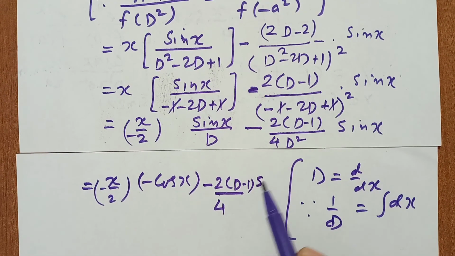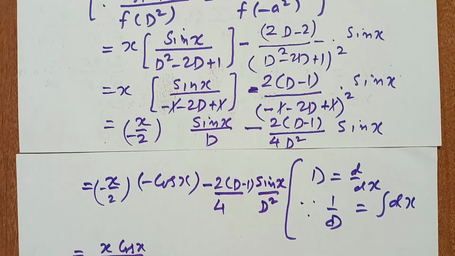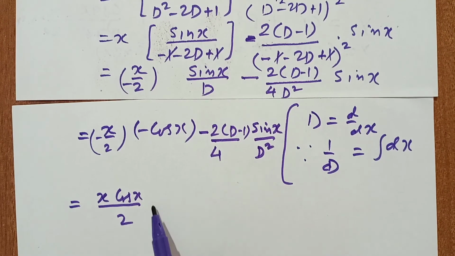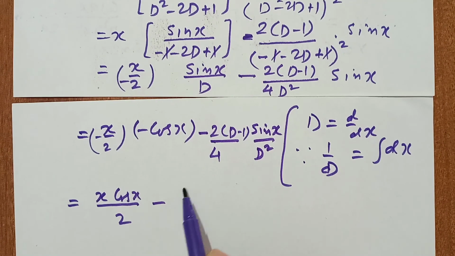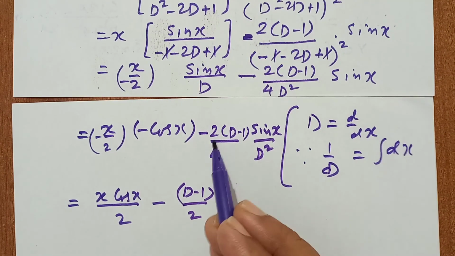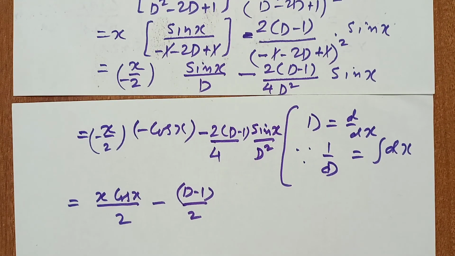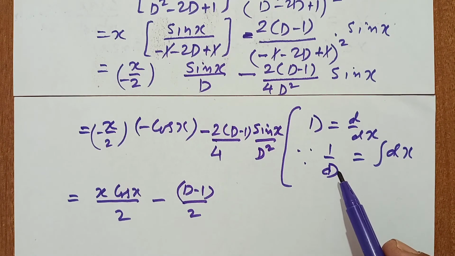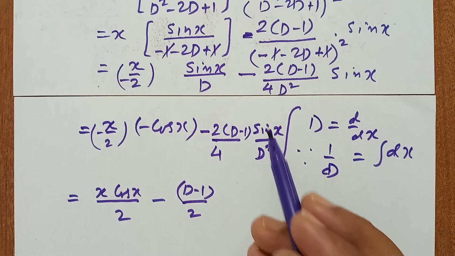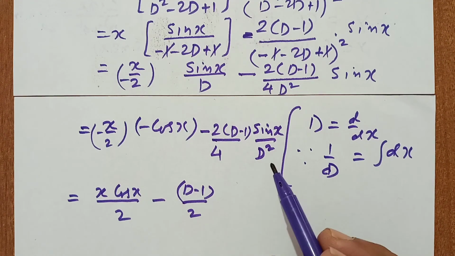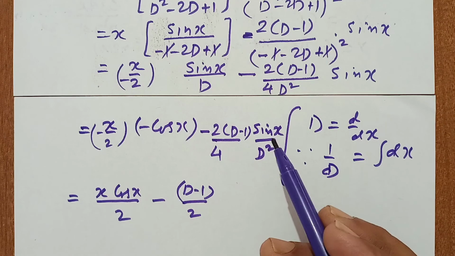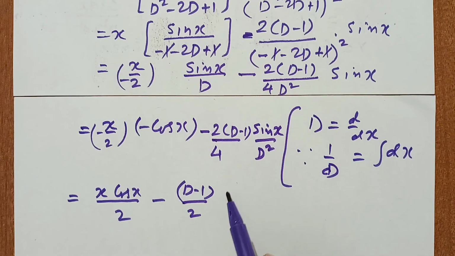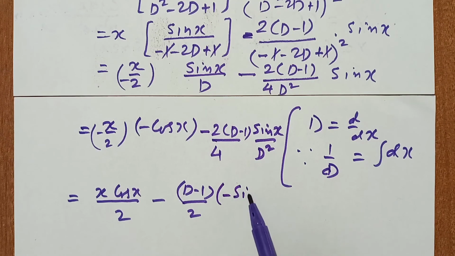So x cos x by 2 minus (D minus 1) by 2, since 2 and 4 cancel. Now sin x upon D squared means integration with respect to x two times, so the integration of sin x is minus cos x and of cos x is sin x, so this is minus sin x.